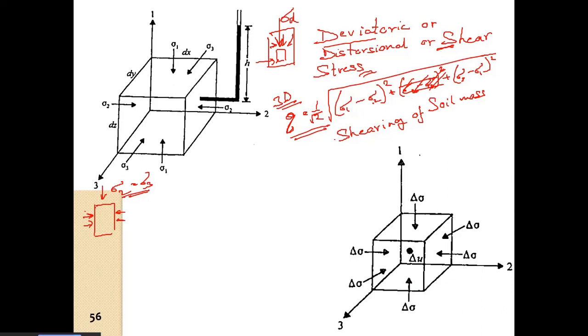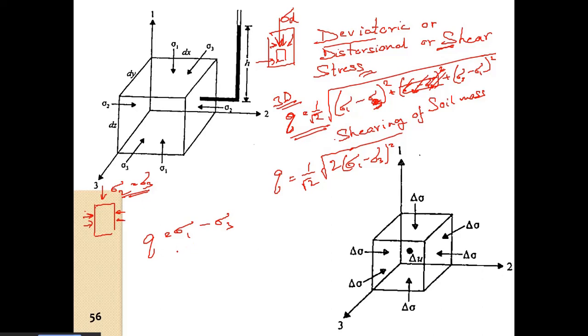Here we can put sigma 3 in place of sigma 2, so sigma 1 minus sigma 3 and sigma 3 minus sigma 1 whole square is the same thing. So we have 1 by root 2 times the square root of twice of sigma 1 minus sigma 3 whole square. Root 2 gets cancelled, and ultimately q is equal to sigma 1 minus sigma 3.